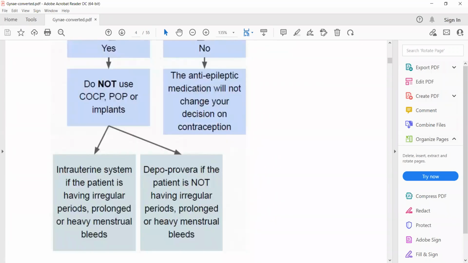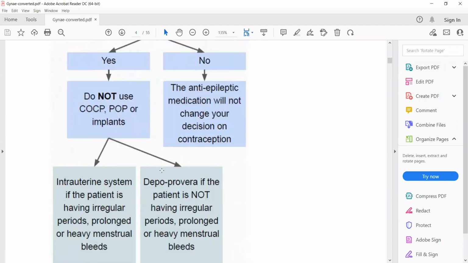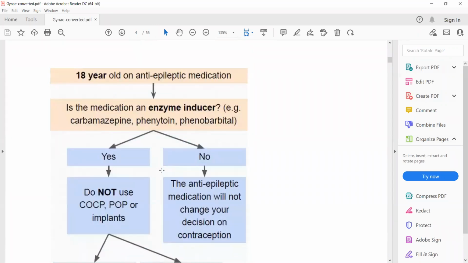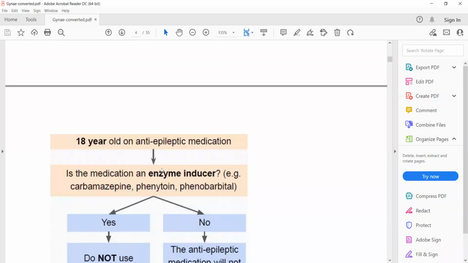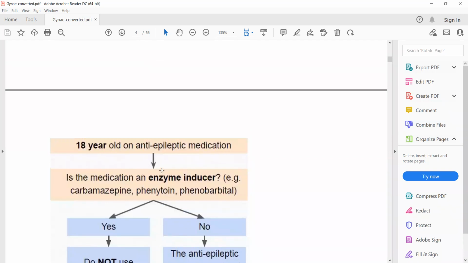So we are done with two scenarios: contraception in young patients who are less than 20 years of age. In patients who are less than 20 years of age, who will tell me the UKMEC1 contraceptions?